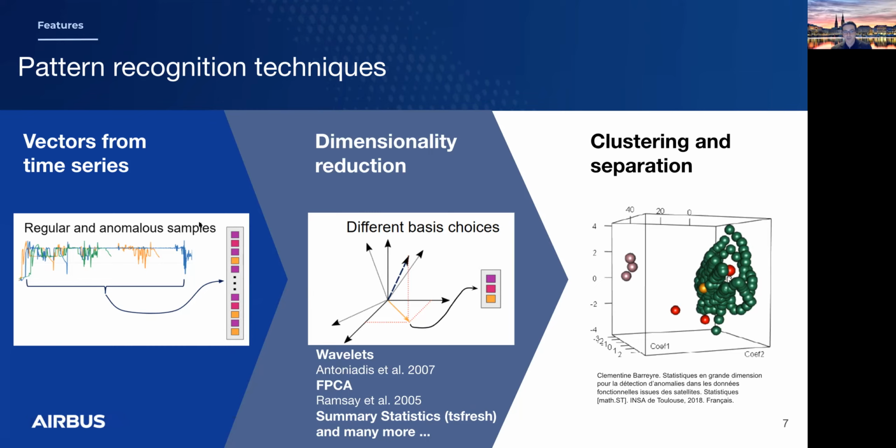You can create a basis. You use wavelets, for example, or you use a Fourier transform. So you go to a different dimension and then you perform dimensional reduction. Or you use functional principal component analysis. The same here: you have a functional basis which is adapted to the data. This is FPCA. And then you go to a subspace, here shown going from 3 dimensions to 2 in this plane.